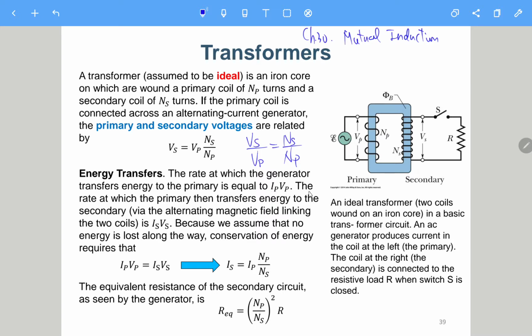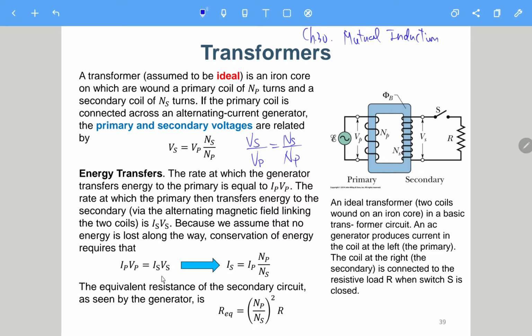So IpVp, and then the rate at which the primary transfers energy to the secondary coil is IsVs, and we also assume that there is no energy loss in between. So we have the conservation of energy condition here, although practically it might not be the case. If we assume the energy is conserved, then this is the power at the primary coil, and this is the power for the secondary coil.